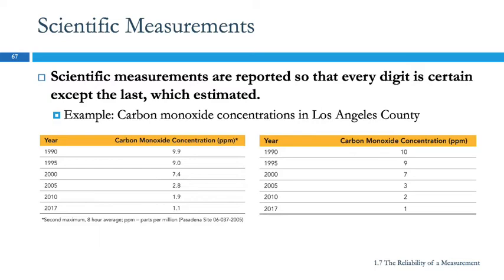It's in that range. Over here, the last digit is the ones place. And so this is saying it's between 9 and 11. That's a much bigger range, right? So we're recording our digits to communicate to the reader how accurately, how precisely we know the number.